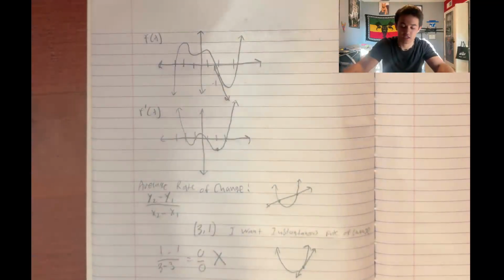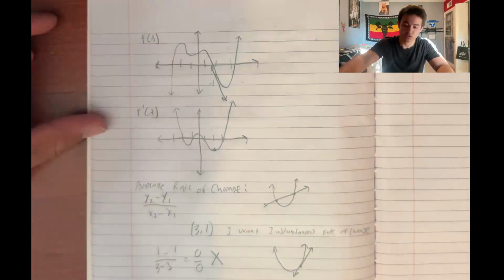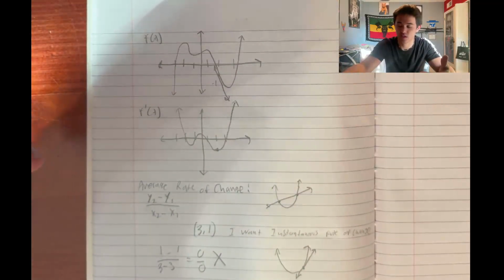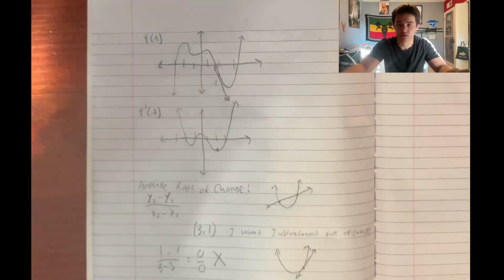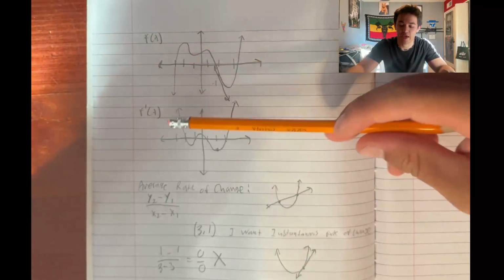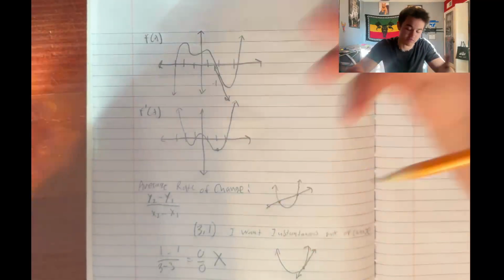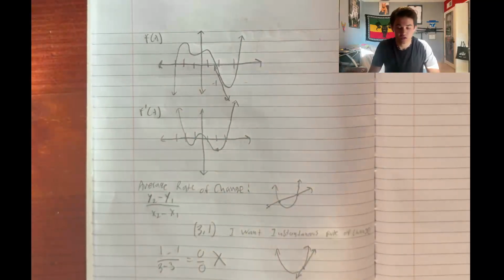So yeah, that's basically the gist of it. So basically what we're doing when we're deriving the instantaneous rate of change is we're finding the derivative. We're finding a function that can represent all of the values, where you can find just the slope at any point of the original function, if that makes sense.